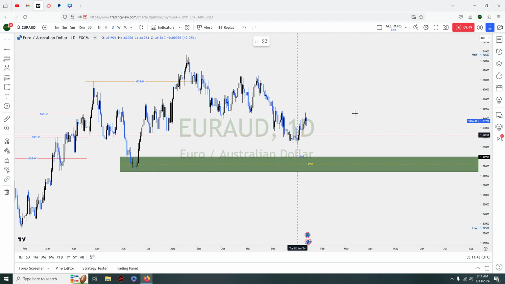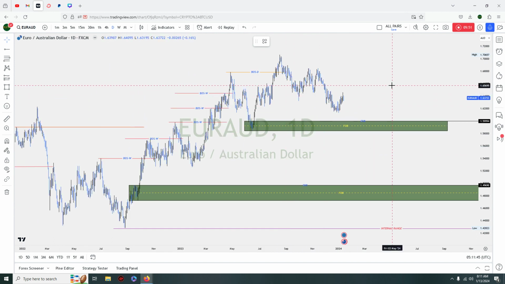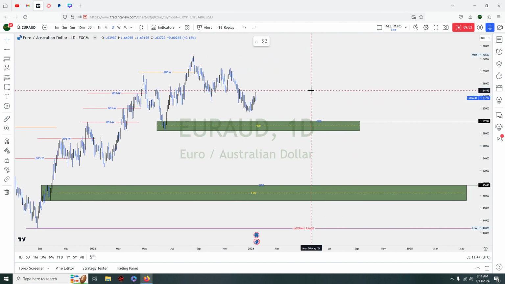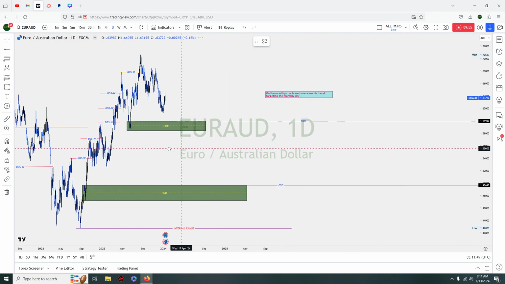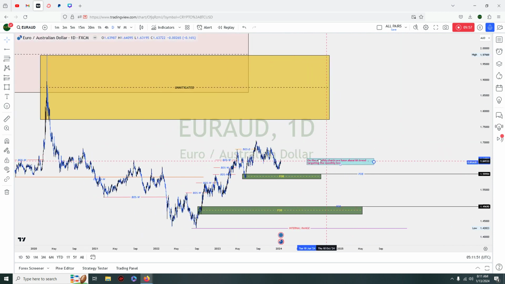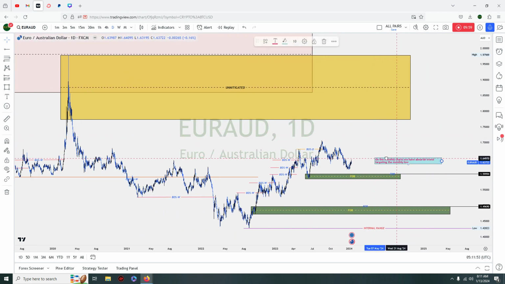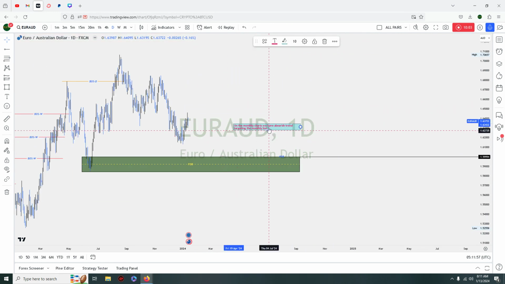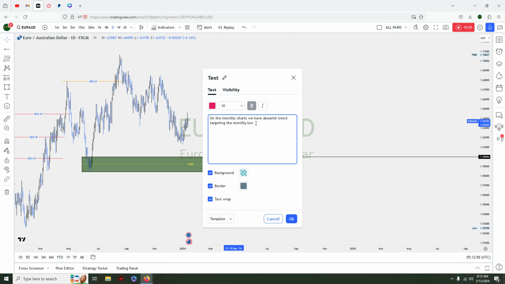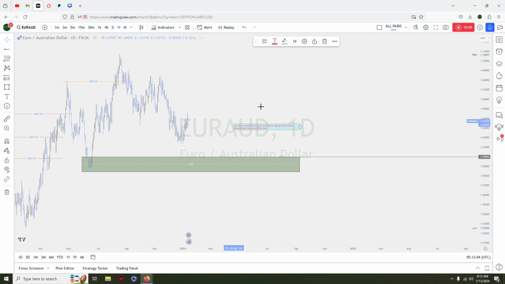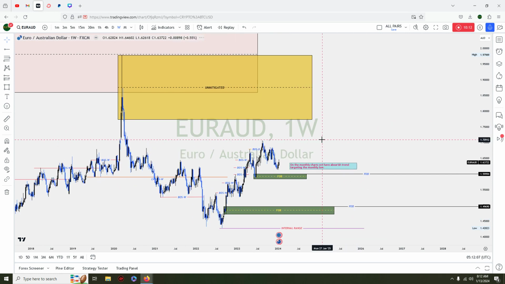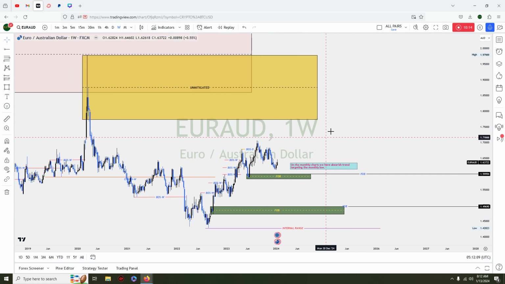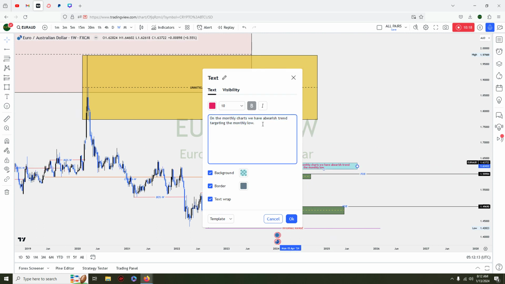So we'll go down to the, oh sorry, we did not update our notes. So let's find our notes. So we said, if we go back to the weekly, we had a change of character. On the long-term trend, we had a change of character.